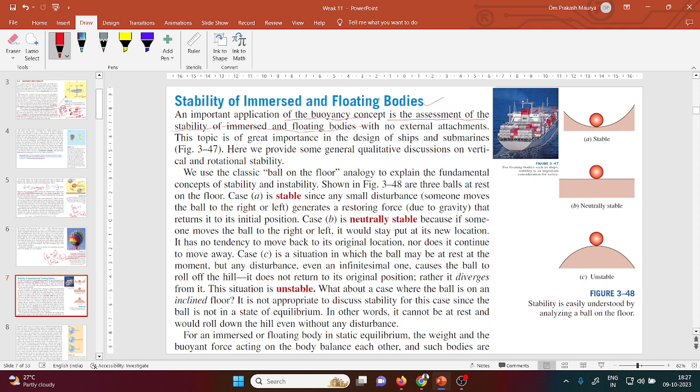Here the meaning is that the body, whether floating or immersed, should be stable without any external forces. When we go with this concept, how we can make these bodies stable, we will follow some concepts of science.